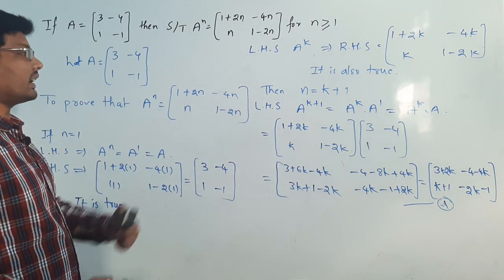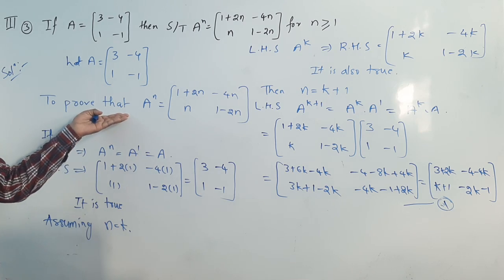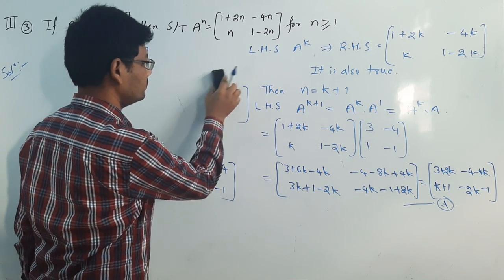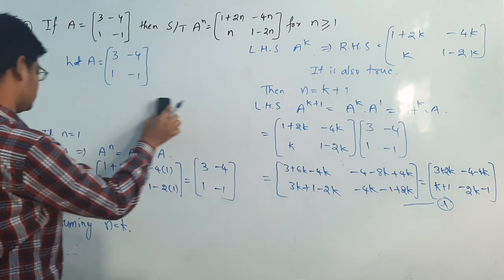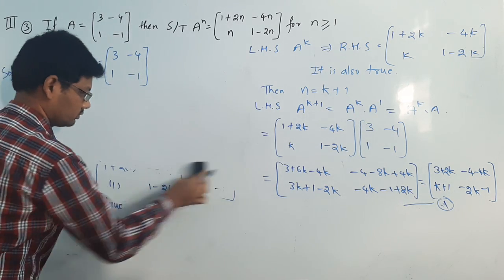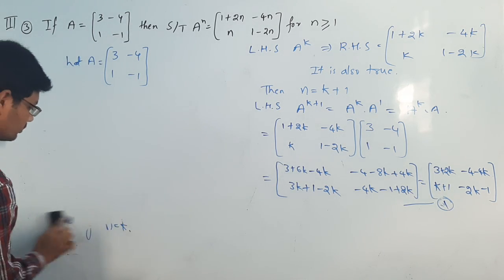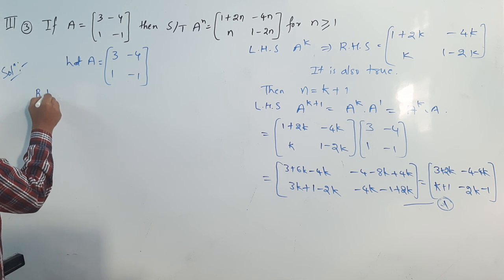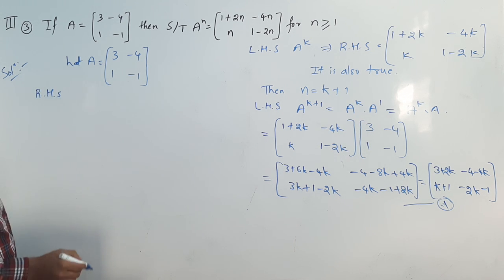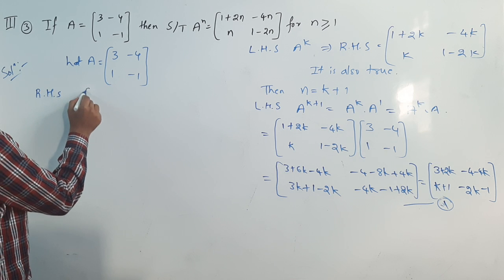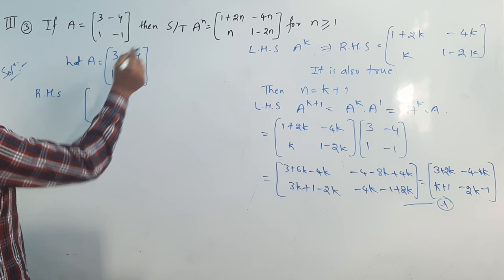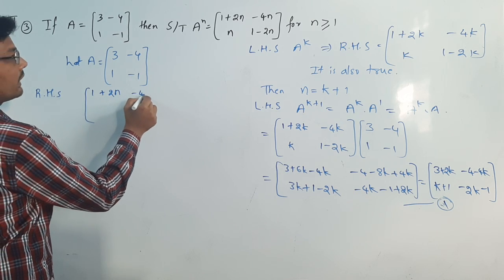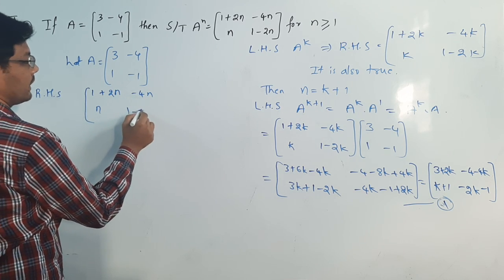And let's take RHS here. What is RHS? RHS is nothing but [1 + 2n, -4n; n, 1 - 2n].